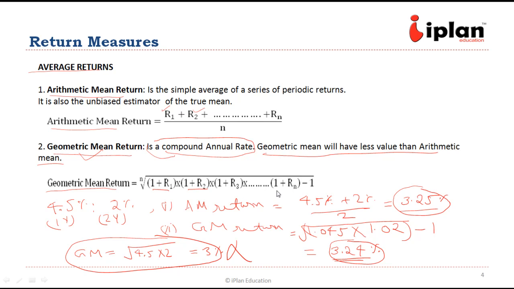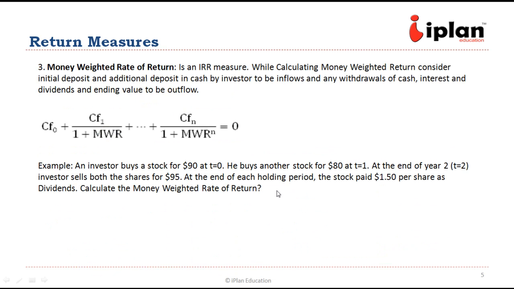Now let us look at one other common method of measuring the return, which is money weighted rate of return. We have already used it in corporate finance. This is same as the IRR measure. The only thing which we need to be careful about is the sign.